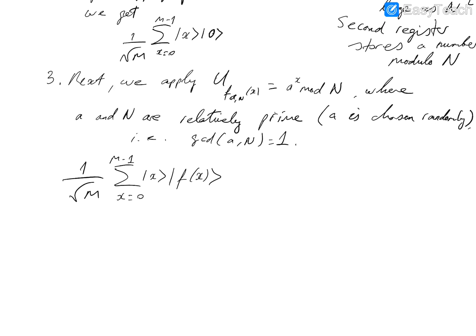So I think we gave this example earlier that if we have a four-dimensional quantum state, a two-qubit quantum state, for instance something like 0,0 plus 0,1 plus 1,0 plus 1,1, and if we measure the second qubit as 0, then the outcome state will be 0,0 plus 1,0, right?